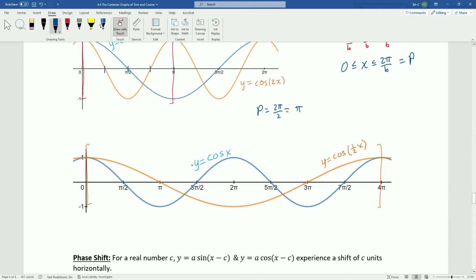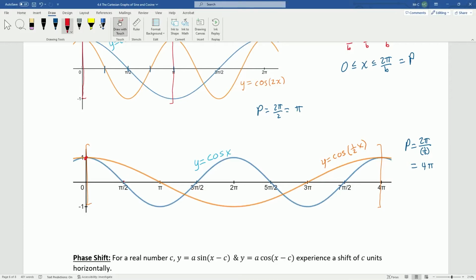Now similarly, if we look at the graphs y equals cosine of x and y equals cosine of 1/2 x, all right, what do we get for our period? We get 2 pi divided by 1/2, and divided by 1/2 is multiplied by 2, so this is really 4 pi for my period. So one period for cosine is from 0 to 2 pi, and one period for cosine of 1/2 x is 0 to 4 pi. So again, when I think about this, let's look at the graph of cosine.